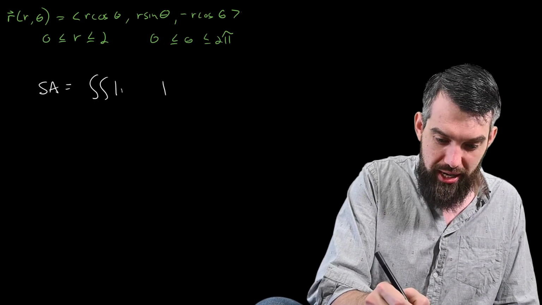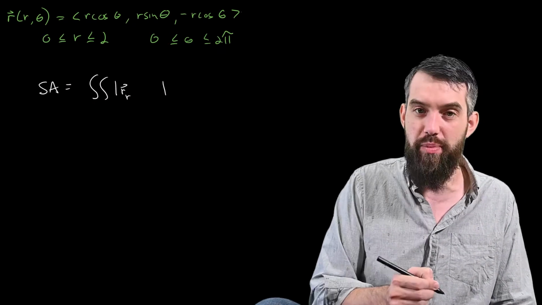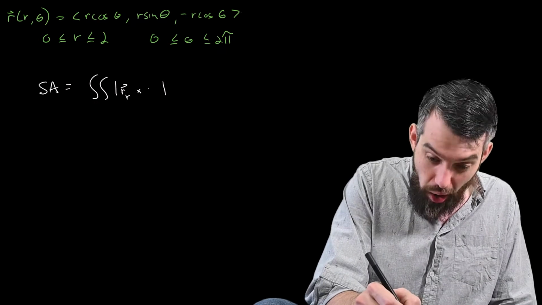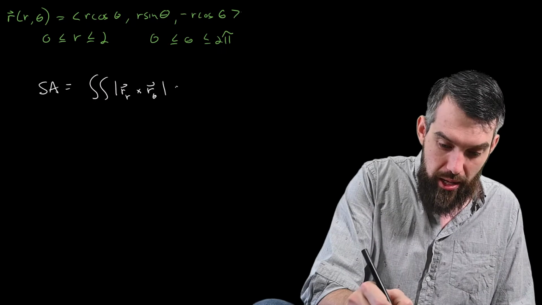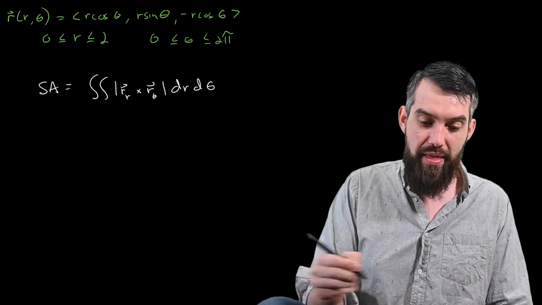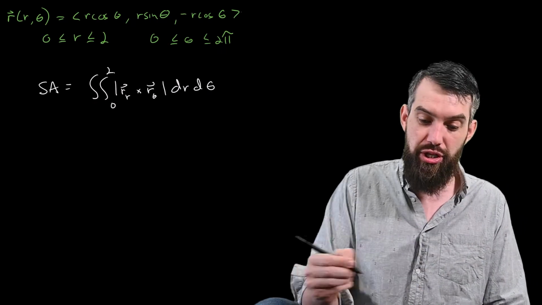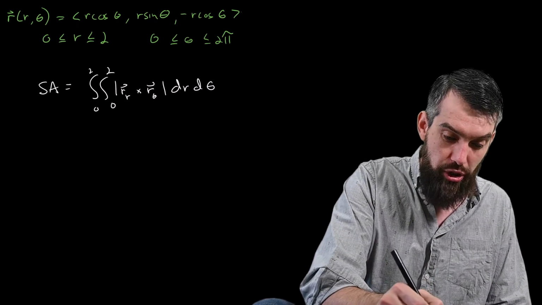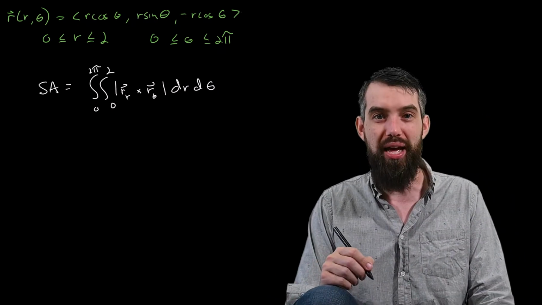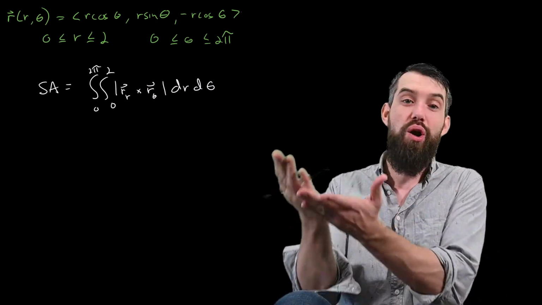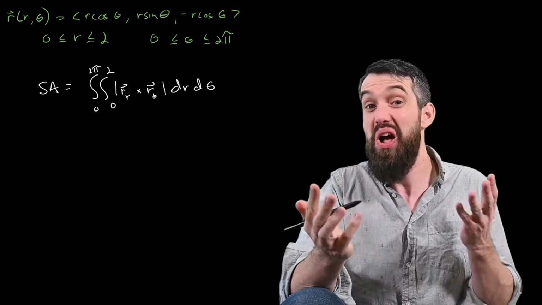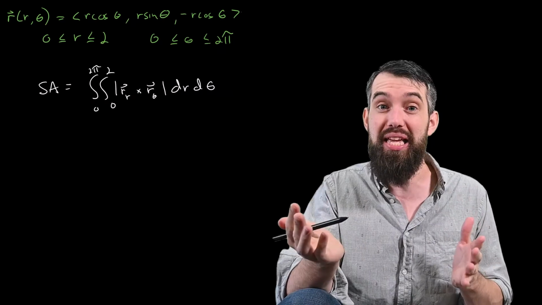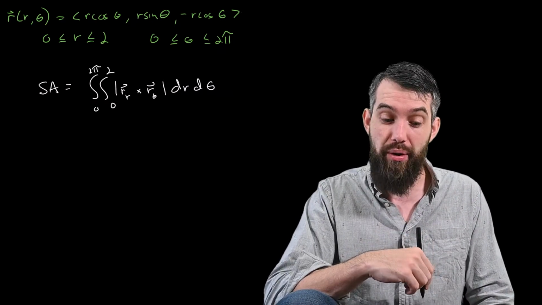The cross product is the partial of r with respect to the first variable, r, crossed with the partial of r with respect to the second variable, theta, dr d theta, where r goes between 0 and 2, and theta goes between 0 and 2 pi. This is the formula that we derived in our previous videos. Because I've already got the limits of integration, the main thing is figuring out this integrand. So how can I do this?